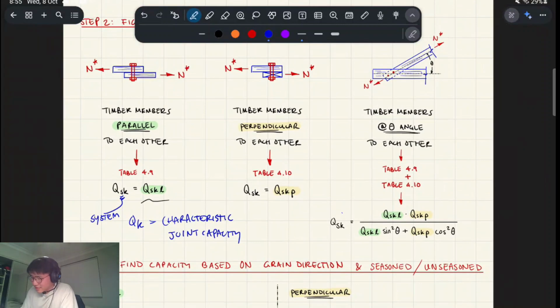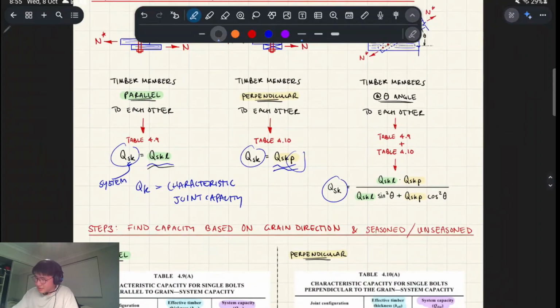It makes more sense in this context, I think, which is if you have timber members at a certain angle to each other, the system's working in a specific grain direction, and so you can apply that logic through to if your grain direction is parallel or perpendicular. It's like a system, I guess. Anyway, the tables will say SKL, which is your parallel system capacity, and then P is perpendicular capacity.